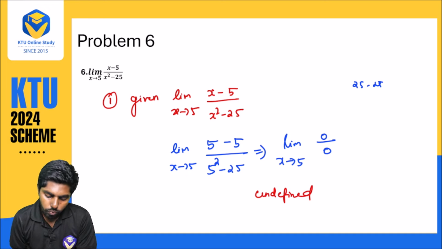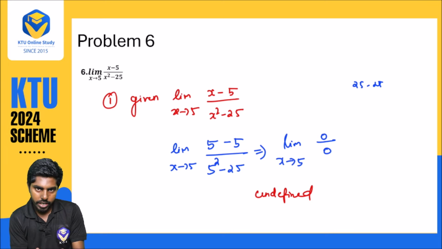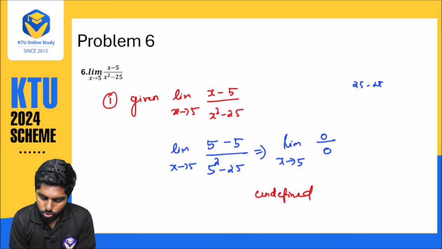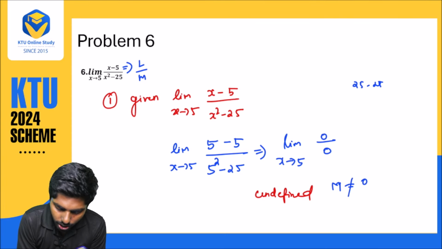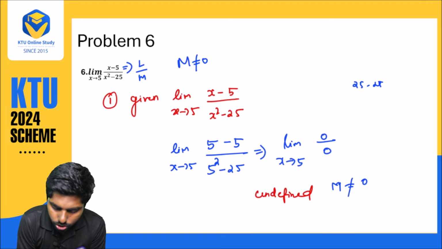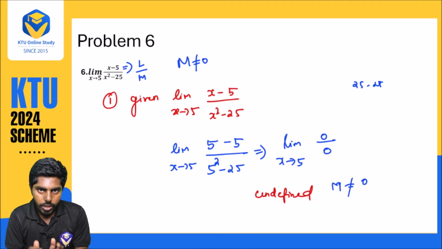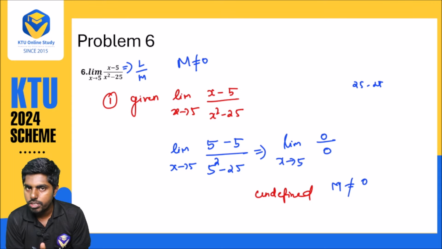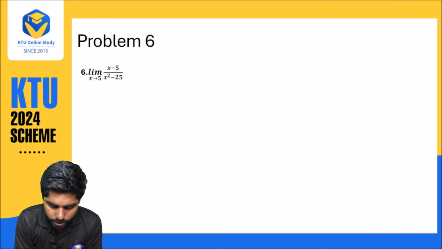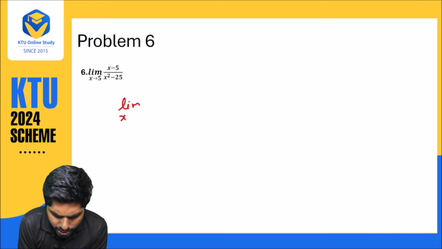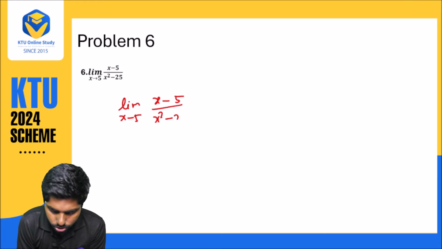So undefined. For such a condition, we have learned in the division rule also that M cannot be equal to 0. That is, L divided by M, where M is not equal to 0. L can be 0, but M should not be equal to 0. So what can we do? Limit x approaches 5, x minus 5 divided by x square minus 25.